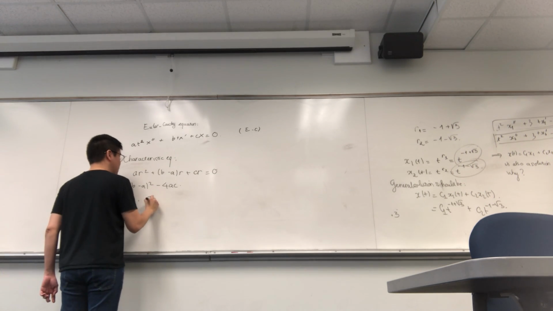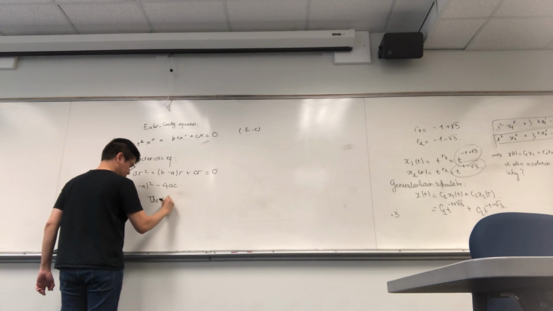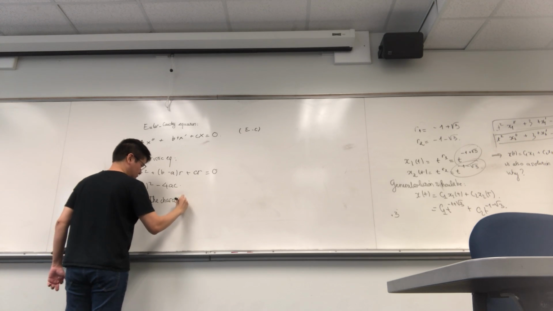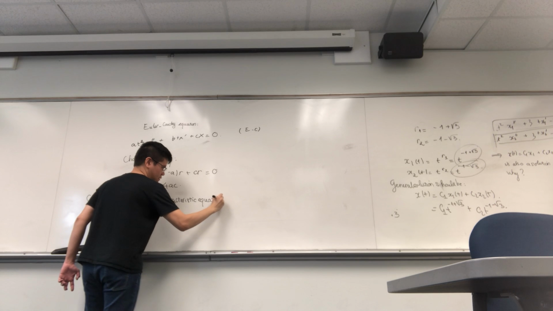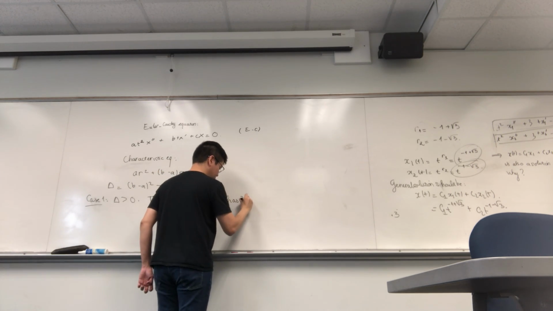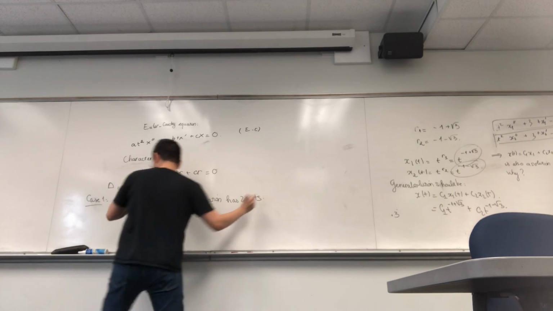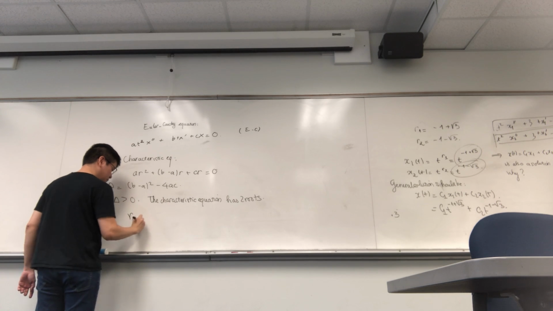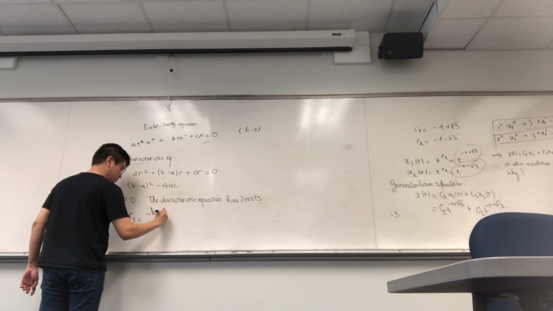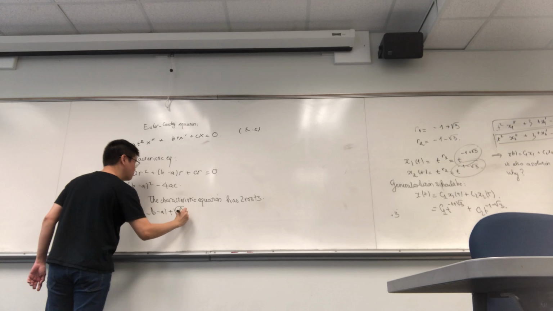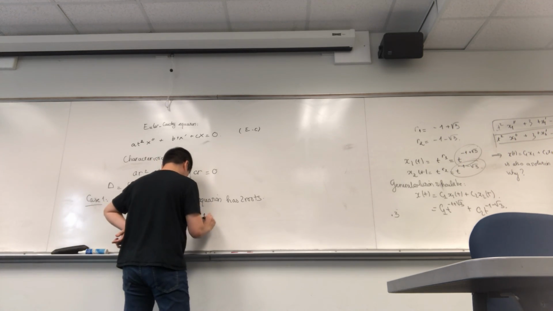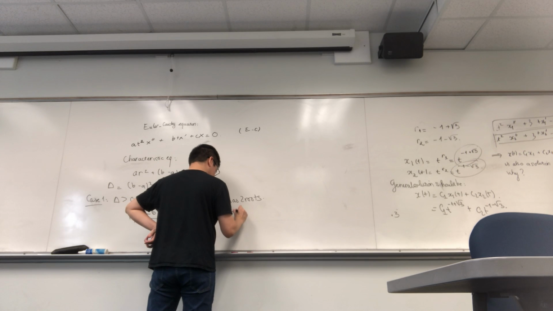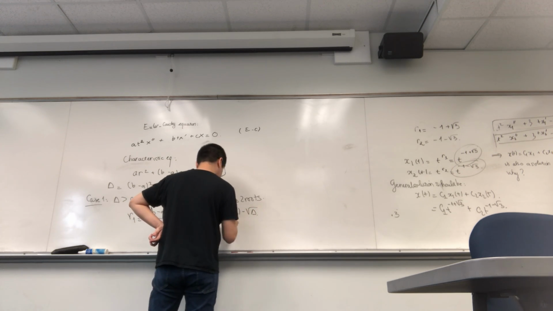The characteristic equation has two roots. R1 will be minus (b minus a) plus square root delta over 2a, and R2 will be minus (b minus a) minus square root delta over 2a.